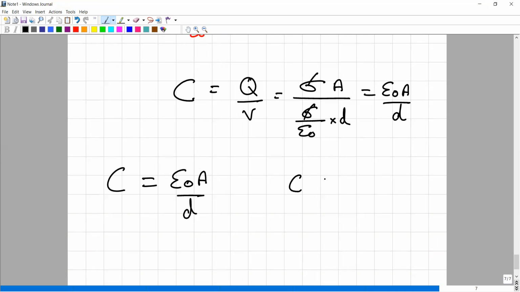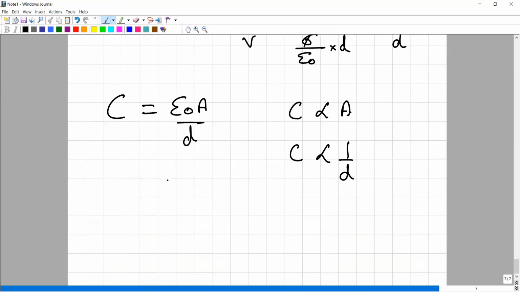As you can see, the capacitance is directly proportional to area. The greater the surface area of the plate, the more the capacitance. More capacitance means more ability to hold charge. It can hold more charge. And capacitance is inversely proportional to D. That means if the positive and negative plates are very close, then it will have a very high capacitance.